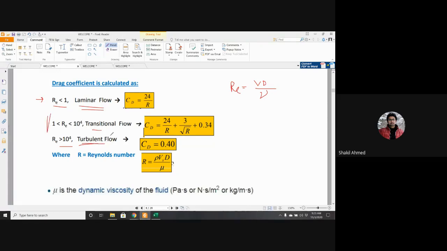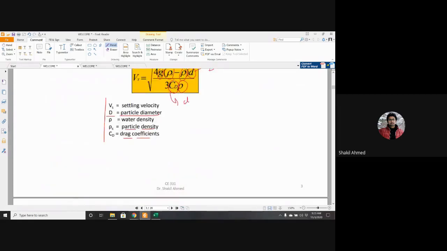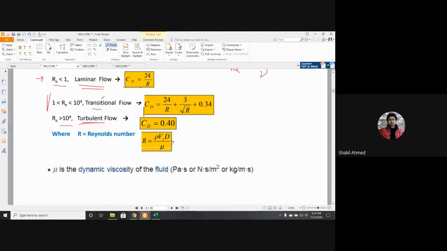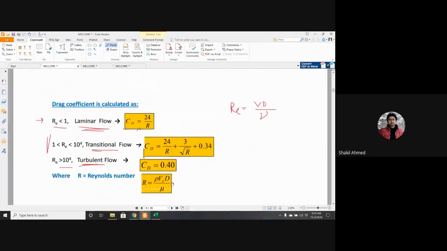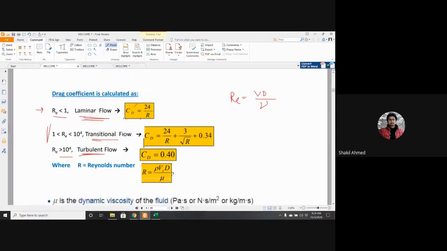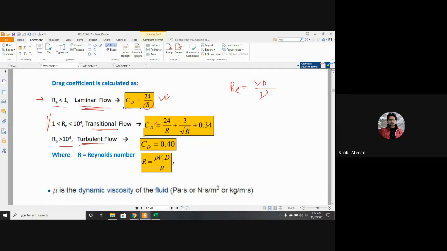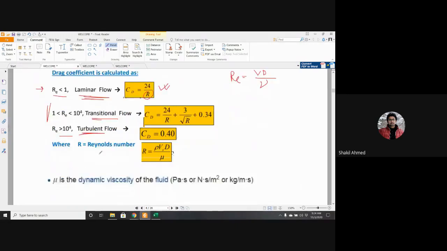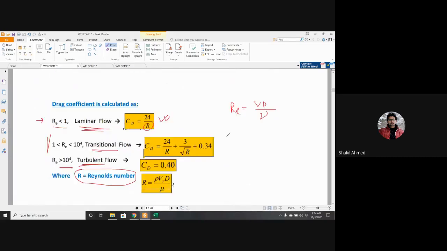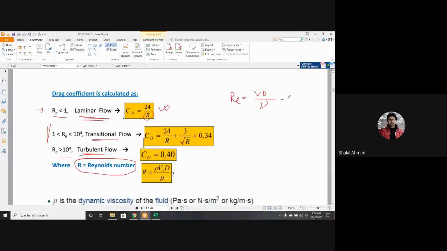And the value of CD varies in laminar flow, transition flow, and turbulent flow. In laminar flow, CD equals 24 by R, where R is the Reynolds number.